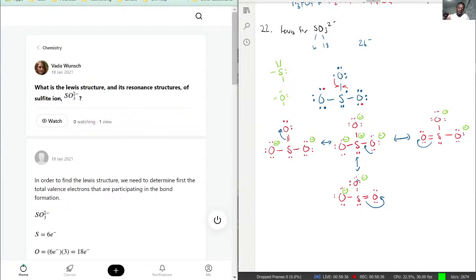What could have happened as well is that, well, it wouldn't happen, but just an example, for this double bond to move in as well, and we have this. Although it may seem like a possible thing, there's literally almost no benefit of doing this shape, because now the sulfur would be the negative one in the center, and because the oxygens are the more electronegative, they wouldn't really want that to happen. But those are also technically possible resonance structures.